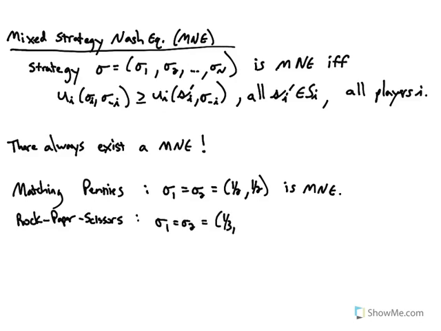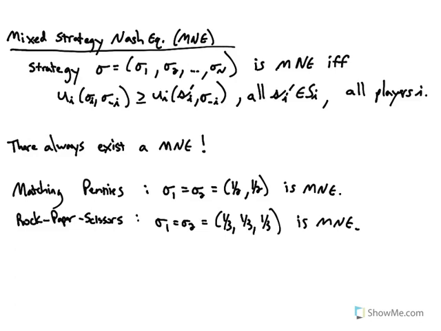Each of us plays rock, paper, and scissors 1/3 of the time. Right? So if I play rock all the time, you're going to play paper all the time and beat me. But if you play paper, I'm going to play scissors. And if I play scissors, you're going to play rock. So there's no pure strategy Nash equilibrium. And any other mixture can be exploited other than 1/3, 1/3, 1/3.